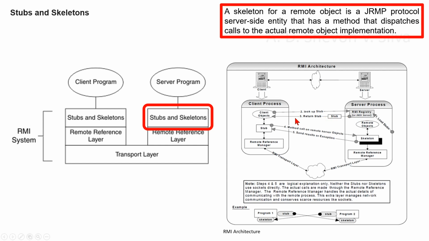Then the stub calls methods on remote server objects through the skeleton, and the skeleton sends the result and exceptions to the stub. And here you can see the client and server are connected through a cloud or network.